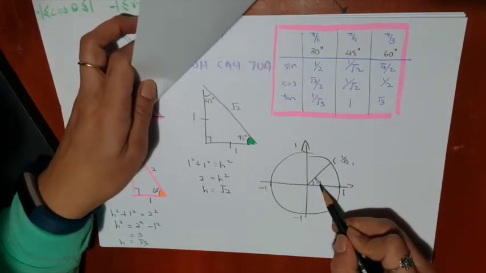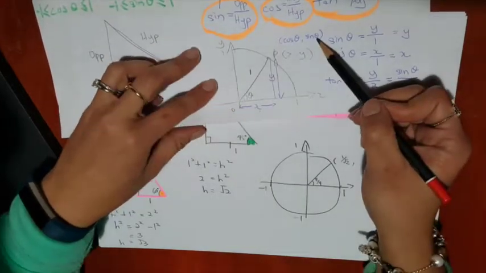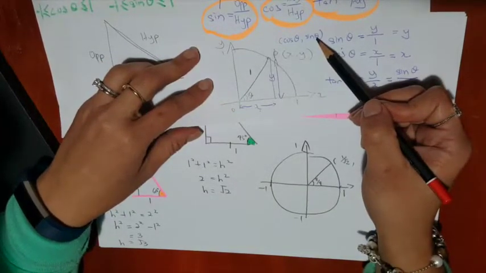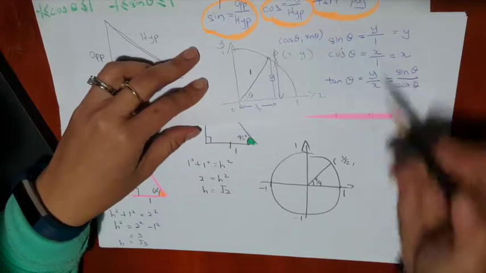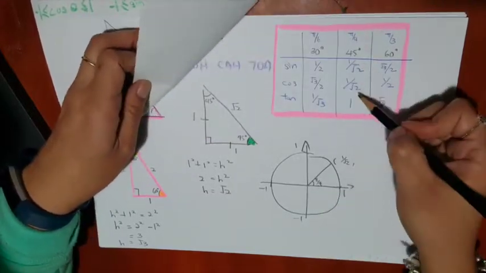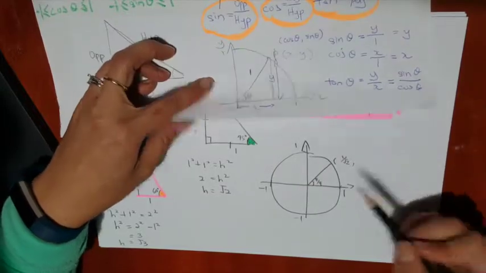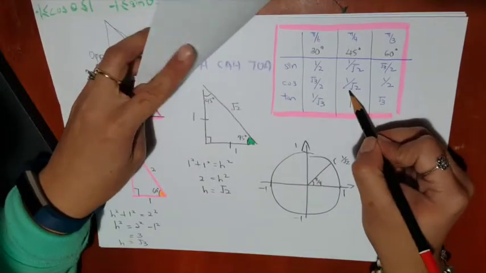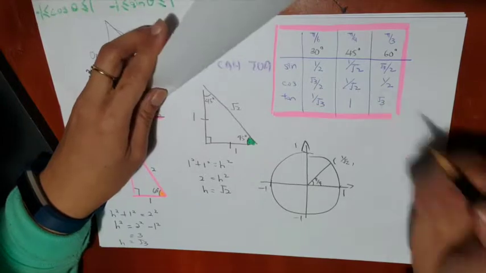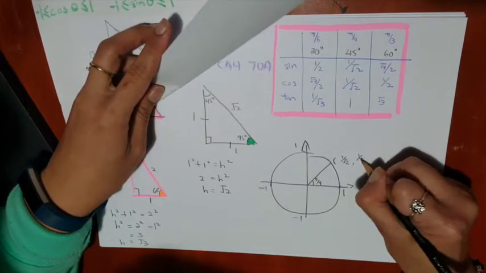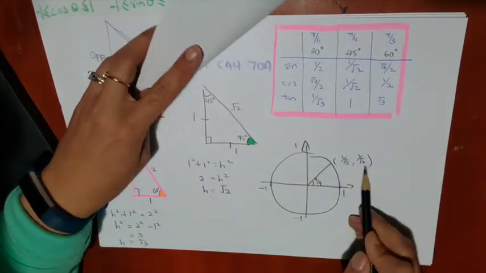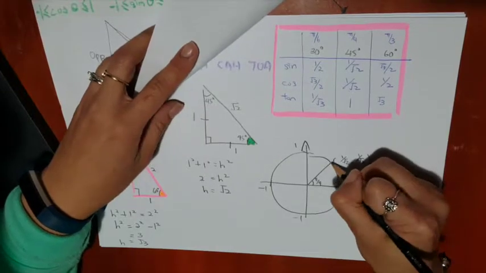The second one is my y coordinate, which is my sine of pi over 4. So the first one is cos, and the second one is 1 over square root 2. So this is the coordinate of my point here.